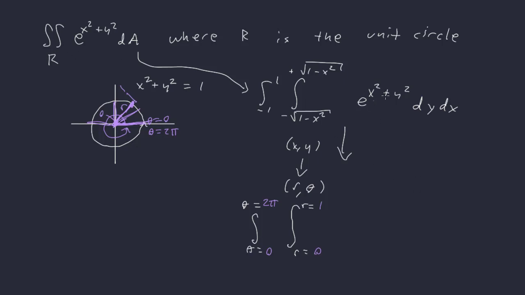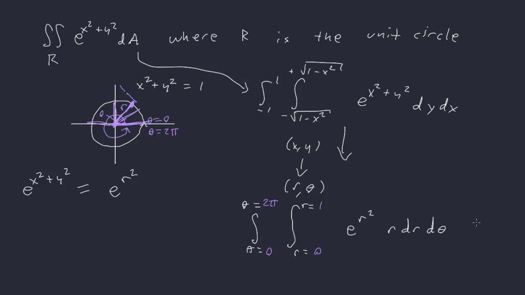All right, now e to the x squared plus y squared, well, remember the x squared plus y squared is just going to end up being r squared. So we're going to get e to the r squared, then dy dx becomes r dr d theta.